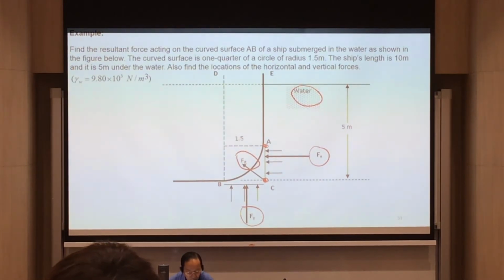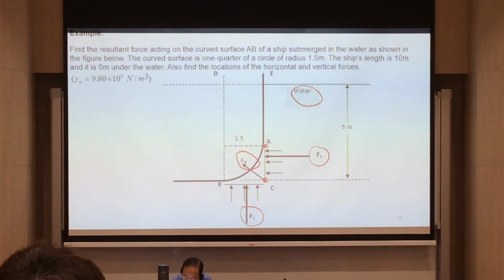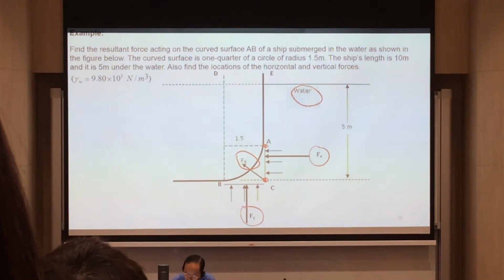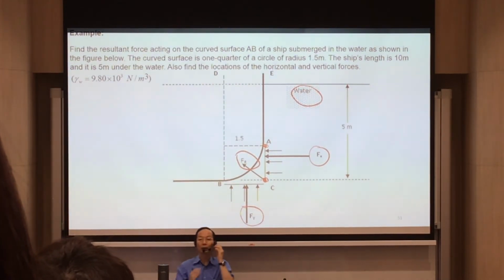A is actually 5 minus 1.5. Let's put it here, 5 minus 1.5. To point C. Point C is 5.